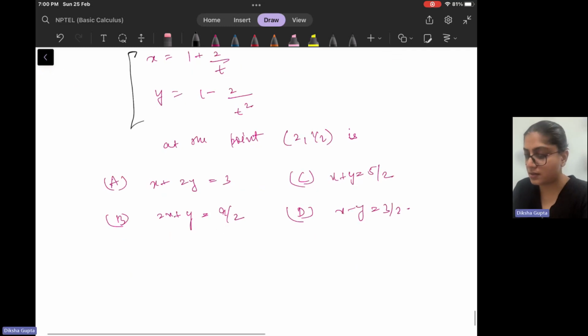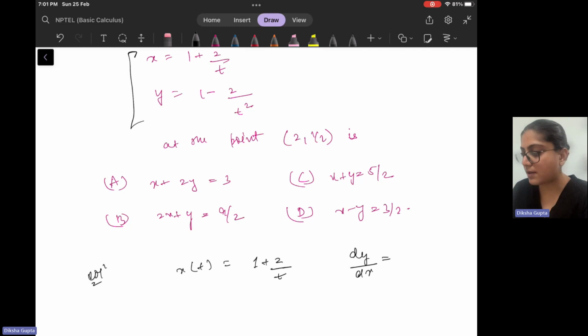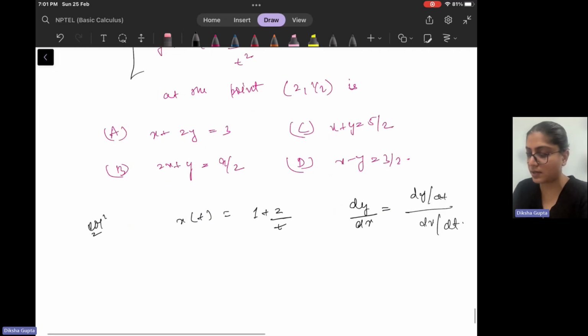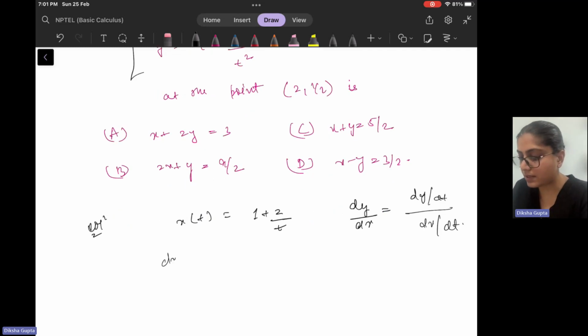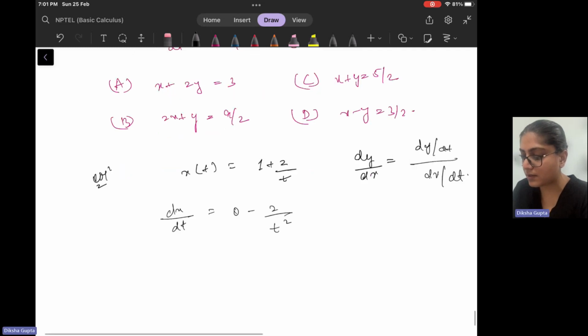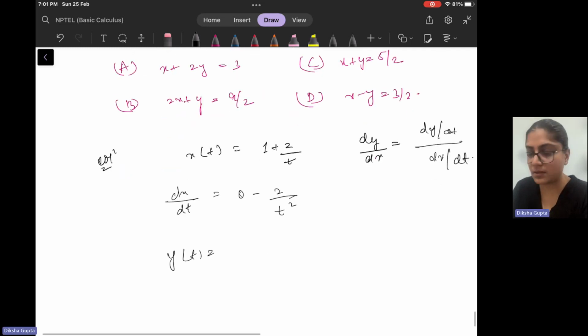All right, so what do we do? So xt is 1 plus 2 by t. So dy by dx in terms of parametric form can be written as dy by dt upon dx by dt. This has also been covered in class, so you can go and see the video there. So dx by dt is 0 minus 2 by t square. Yt is given to be 1 minus 2 by t square.